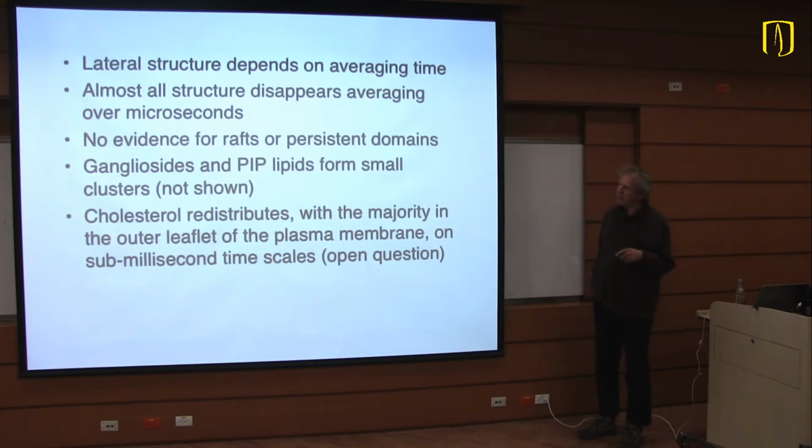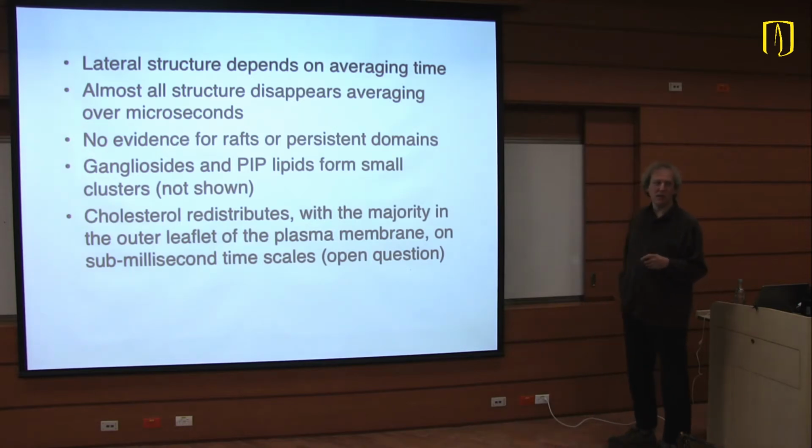But if those disappear on a microsecond timescale, that's probably not enough to have a functional role. So that means either these clusters don't exist or they have a different reason for coming into existence that's not captured in these simulations. And that's quite possible because we have no proteins and no cytoskeleton. We also have no active elements. So there are things that are not in this simulation that real cell membranes have.